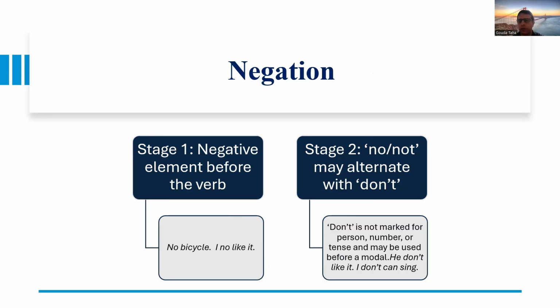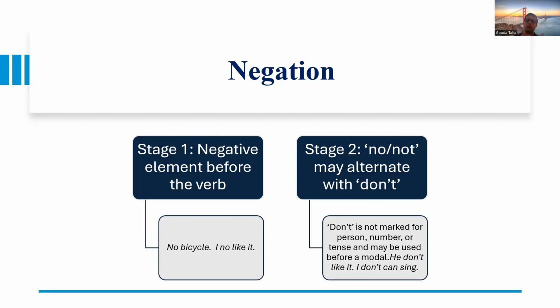It goes through some stages. For example, in the first stage, the negative element is added before the verb. And the simple negating particle here is no. So, no bicycle, or I no like it.